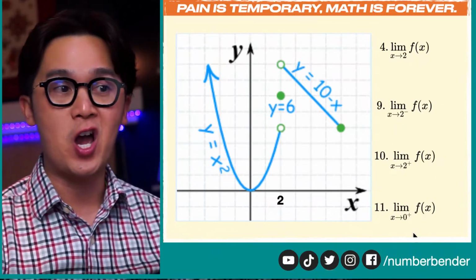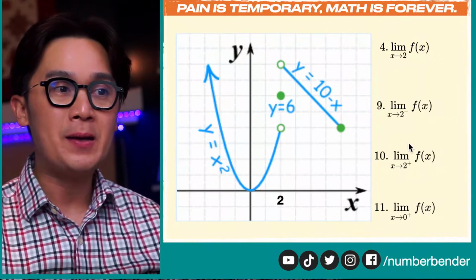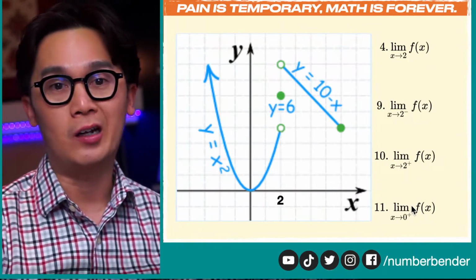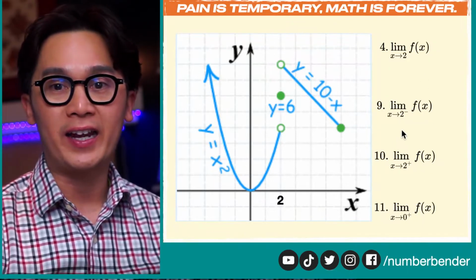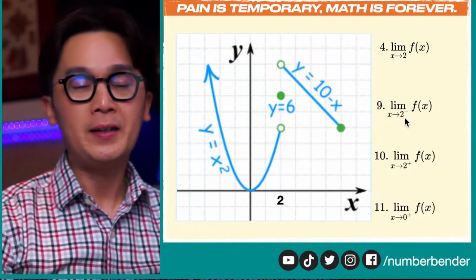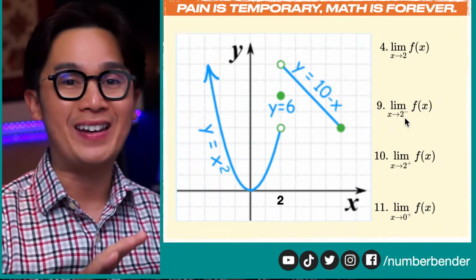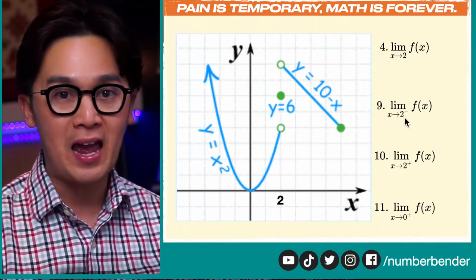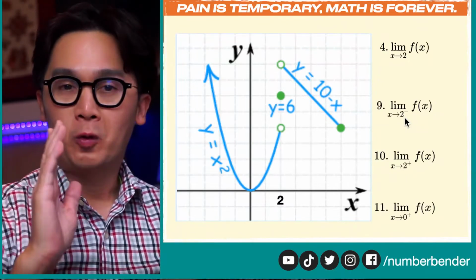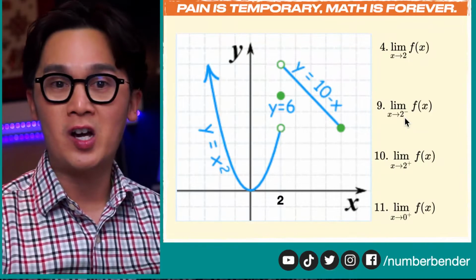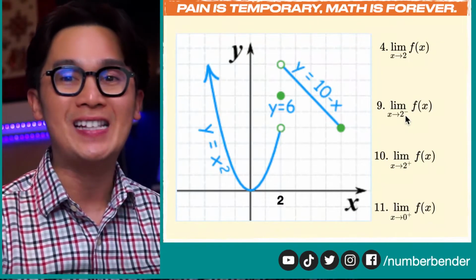The answer is no, because these symbols are what we call the direction of the limit that we are looking for. So in this particular case, for problem number 9, the limit of f of x as x approaches 2 from the negative side, or from the left, we are just interested in where that function is going, coming from this side.